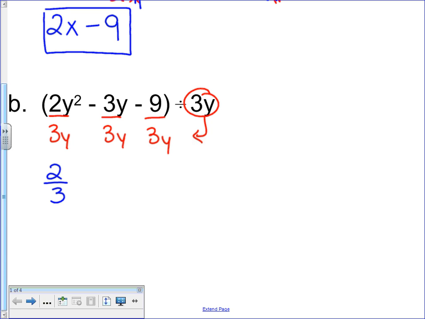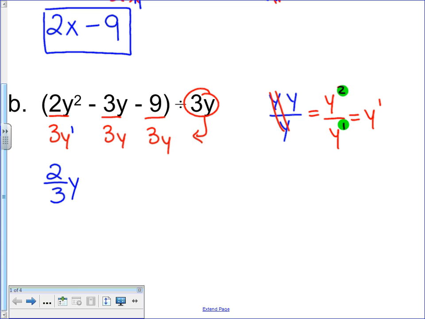Now y squared divided by y, a single y, will result in 1y remaining. Again, y squared is 2 y's with a single y on the bottom. Now you can always cross out 1y. If you haven't figured it out yet, y squared divided by y to the first, all we're really doing is subtracting the exponents: 2 minus 1.